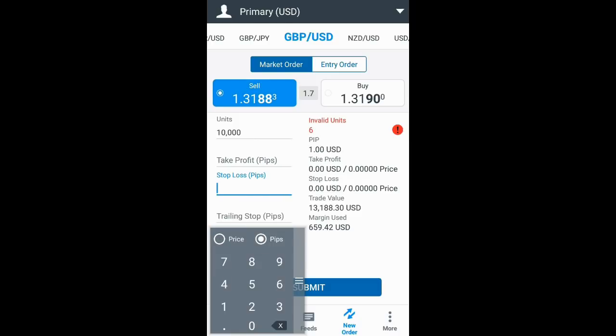I'm only willing to lose $300 out of my $1,000, so I'm going to type in 300. 300 pips is the same as $300, because each pip is worth $1. So I'm only willing to lose $300. You can see that on the right side too: negative $300.